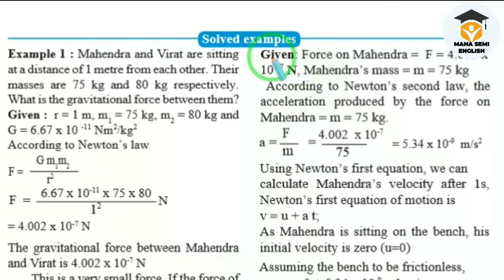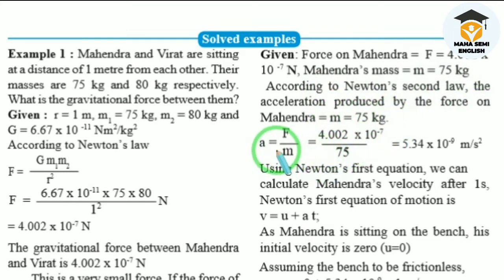So see here, given that the force on Mahendra F is equal to 4.002 x 10 raised to minus 7 Newton, and Mahendra's mass is 75 kilogram. According to Newton's second law, the acceleration produced by the force on Mahendra, M is equal to 75 kilogram.